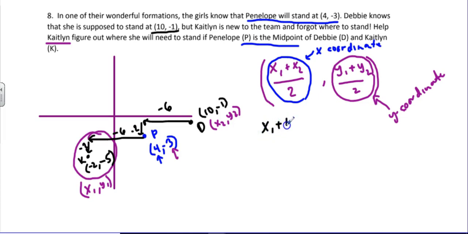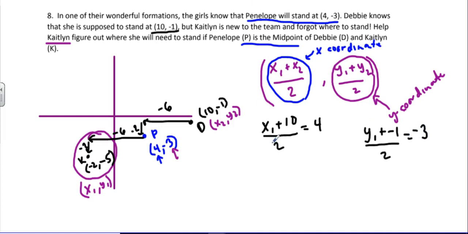We do know x sub 2. And we do know that the x coordinate for the midpoint is 4. We do not know y sub 1, but we do know y sub 2 right here. And we do know that the y coordinate of the midpoint is -3.